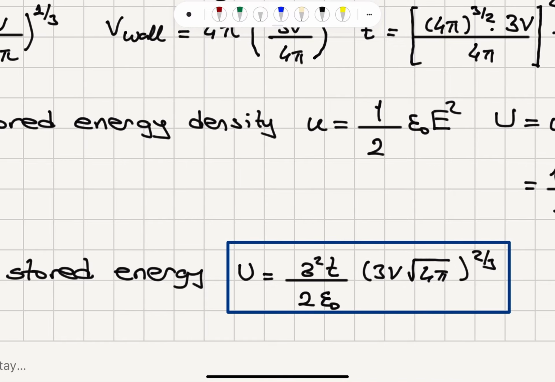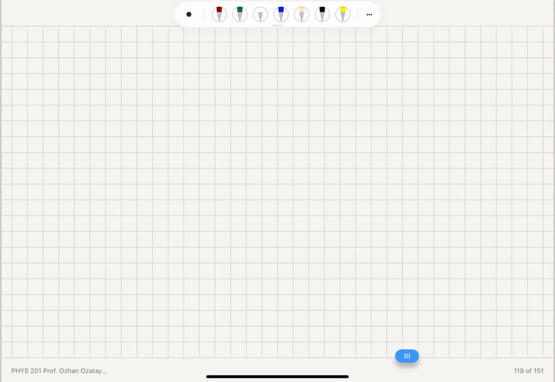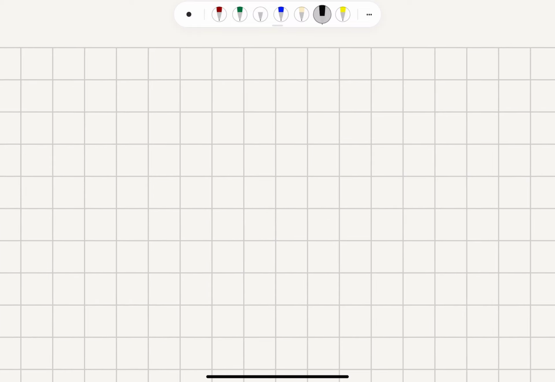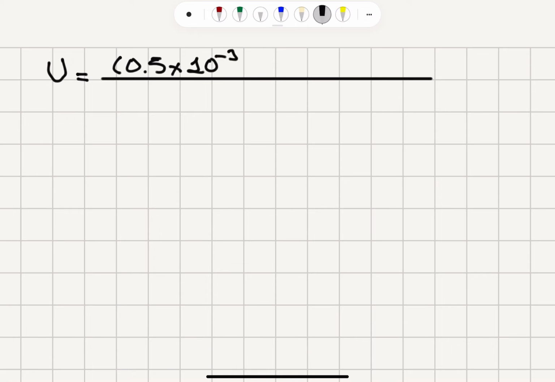Now we can evaluate this for the given numbers. U is equal to sigma is 0.5 times 10 to minus 3, squared.